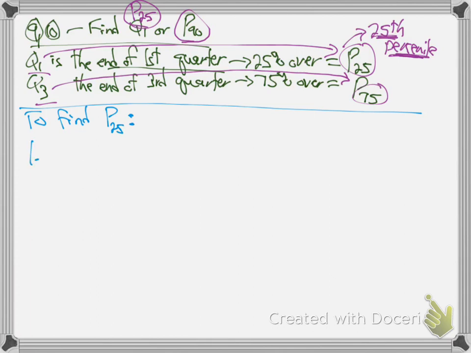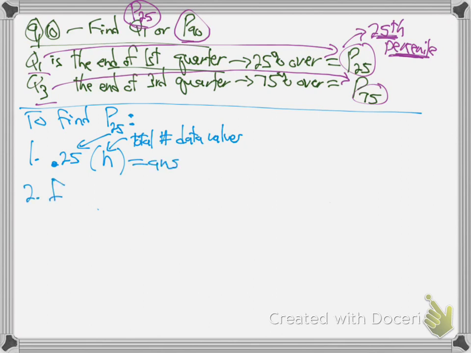Step 1, take that number, make it a decimal, and multiply it by n, where n is the total number of data values, and you get an answer.